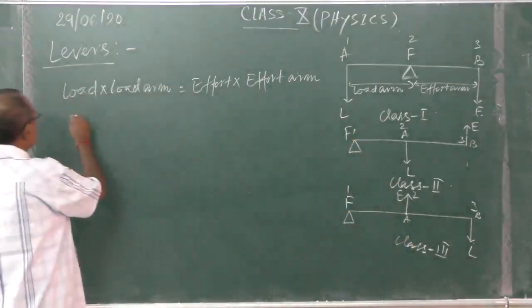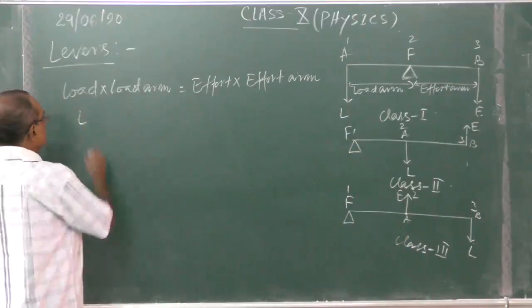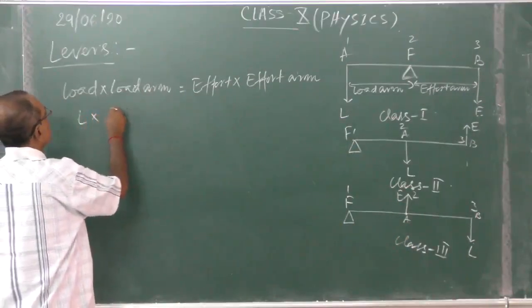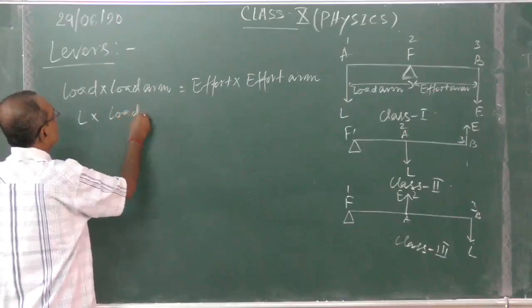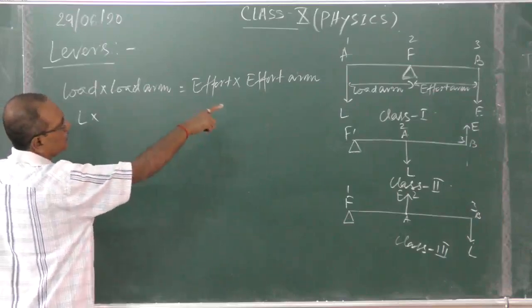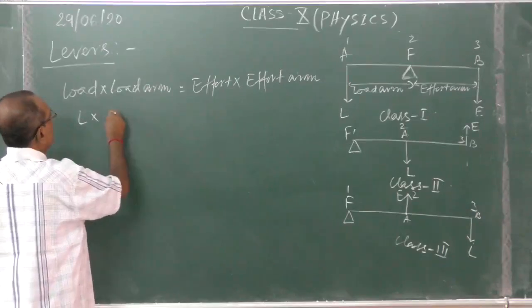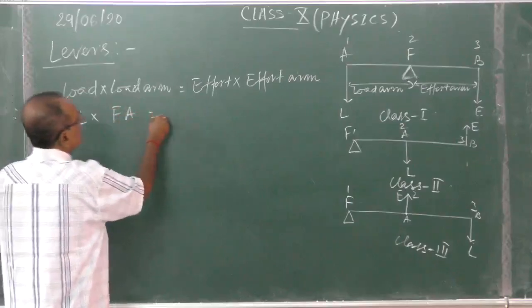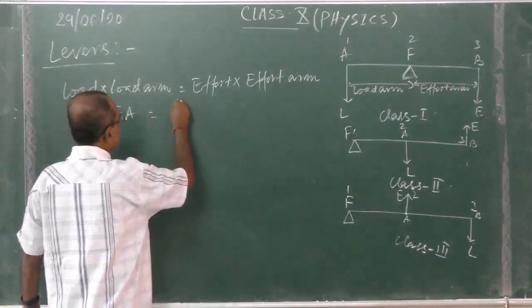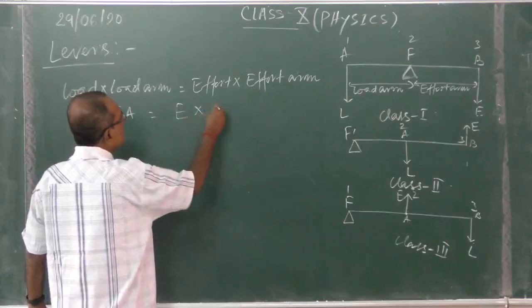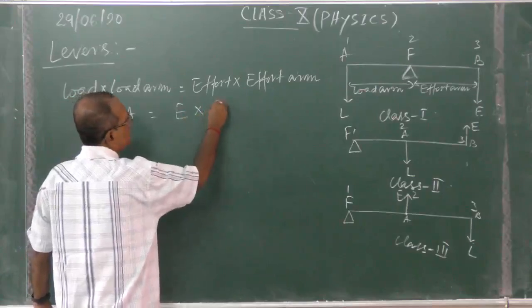Now load is equal to, say, L. Load arm, say it is FA. Effort is equal to E, effort arm FB.